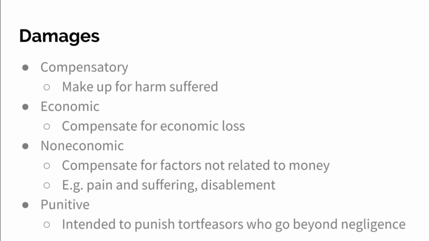For instance, if someone intentionally smashes your windshield on your car, that would be an intentional tort, and you would receive compensation for compensatory damages, which would simply be they would repay the cost of your windshield and the repair. That would make up directly for the harm suffered from that specific instance.